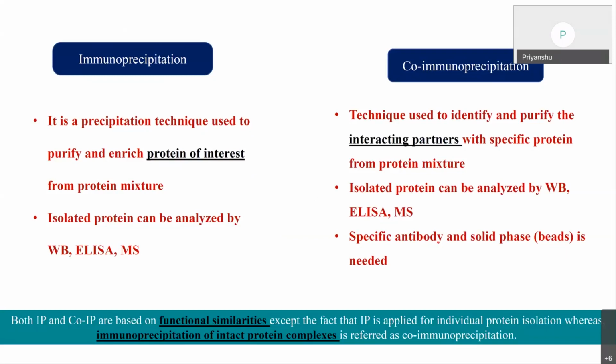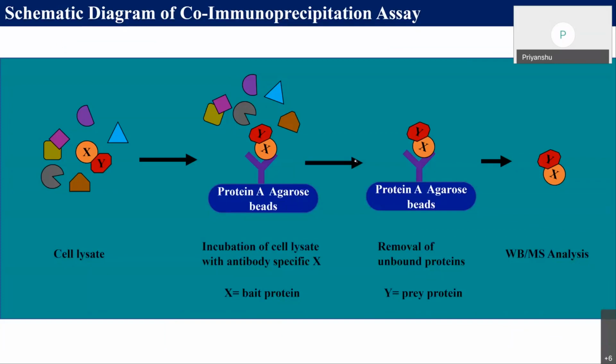So this technique is known as co-immunoprecipitation, and this is a brief schematic diagram of the co-immunoprecipitation assay. Here we have many proteins from cell lysate. First, we incubate with a specific antibody against X protein.